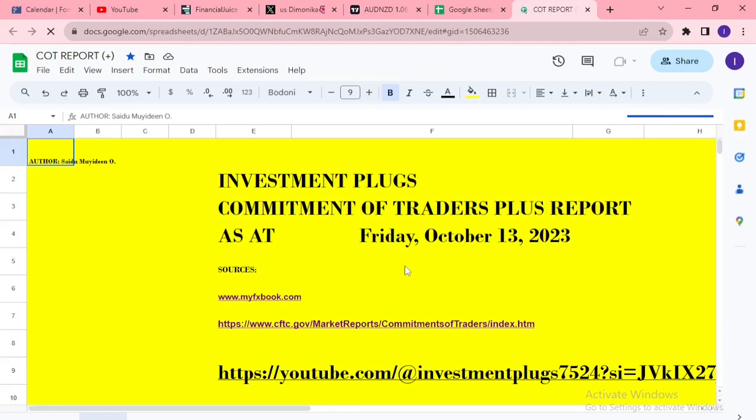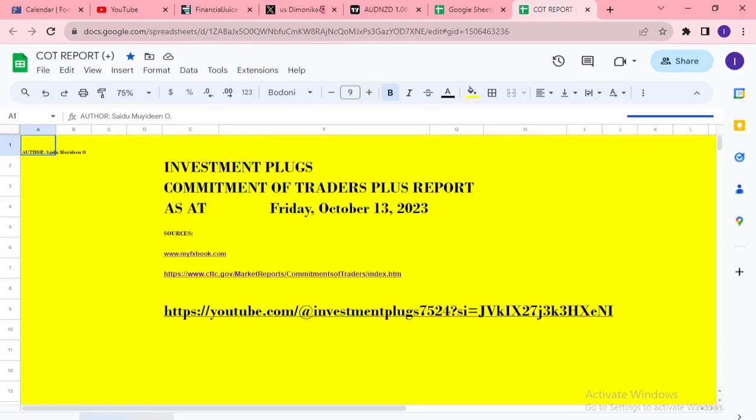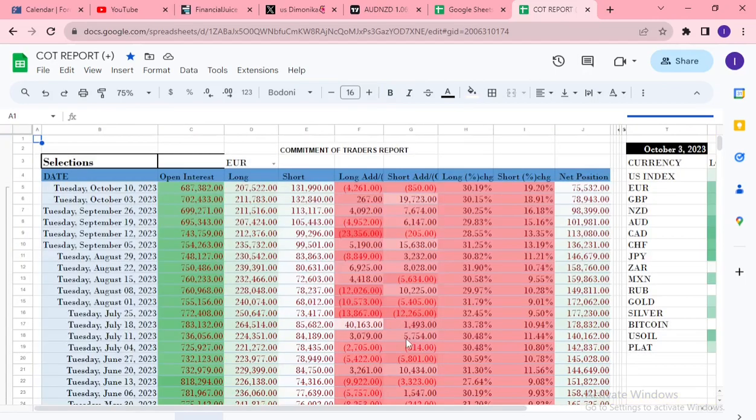It gives us the data of how the big institutions are buying and selling in the market, buying and selling the currencies, indices, and metals. So it gives us actually what is going on in the market.